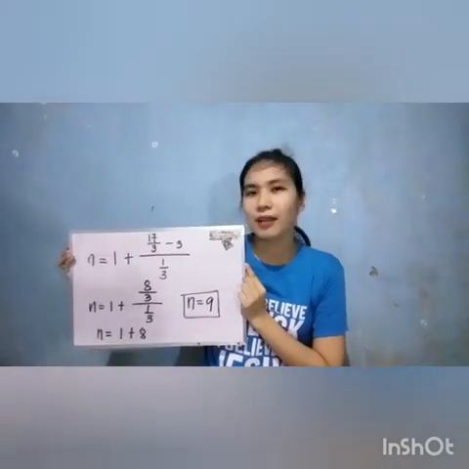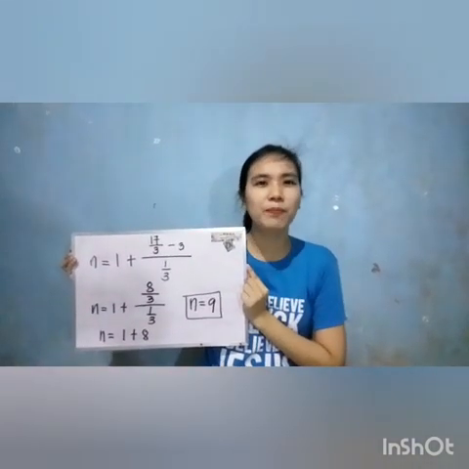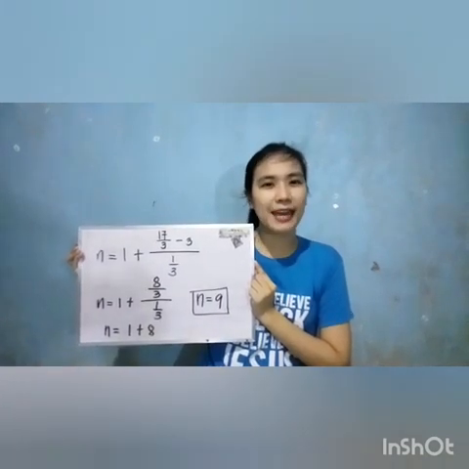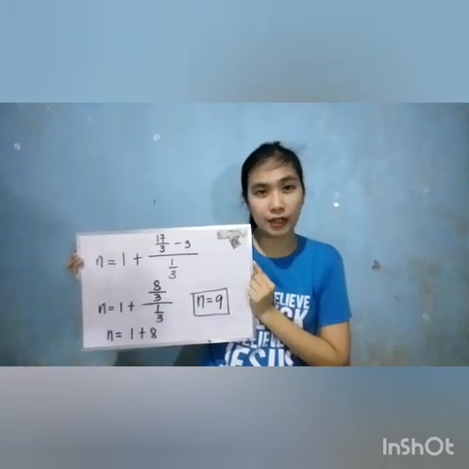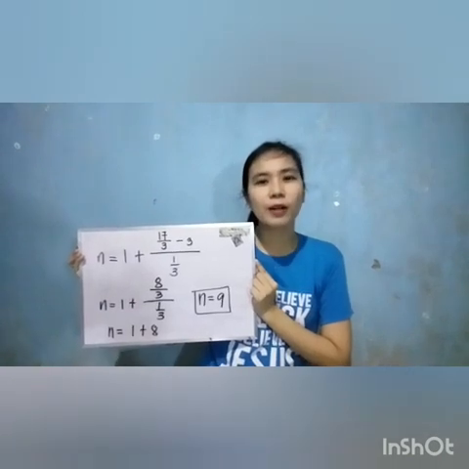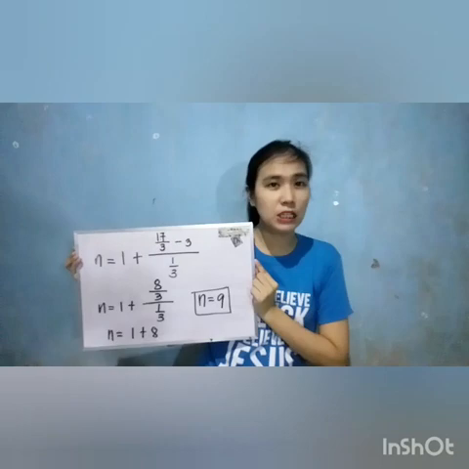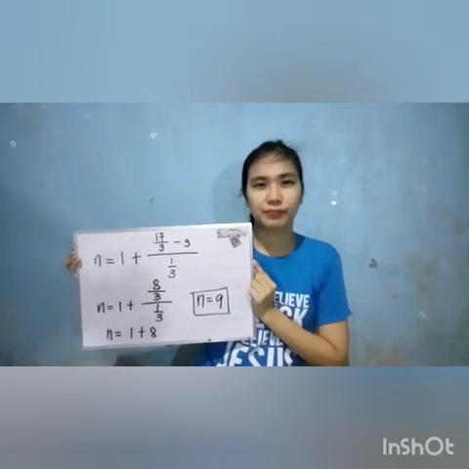So it's time for us to solve for our n. By substitution, we'll have n equals 1 plus our a sub n, 17/3, minus our a sub 1, 3, over the solved d, 1/3.